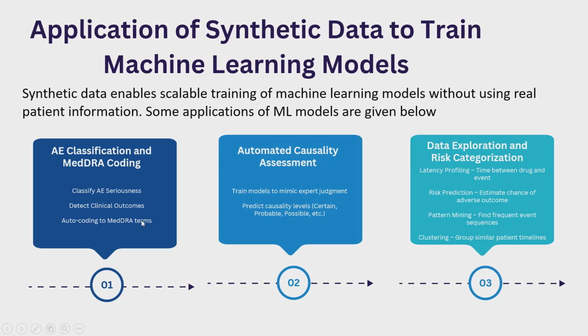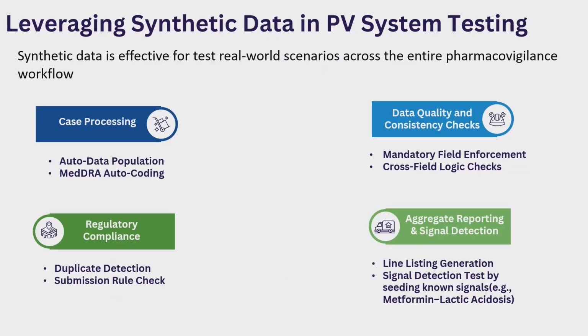Some of the use cases are models for auto coding of MedDRA terms, classifying seriousness, automated causality assessment. There are a variety of models for data exploration and risk categorization, for latency profiling, risk prediction, and pattern mining. Today, however, we will be focusing on leveraging synthetic data for PV system testing.